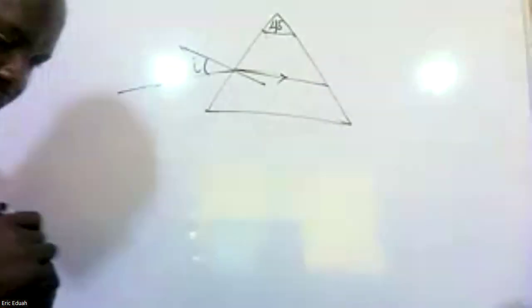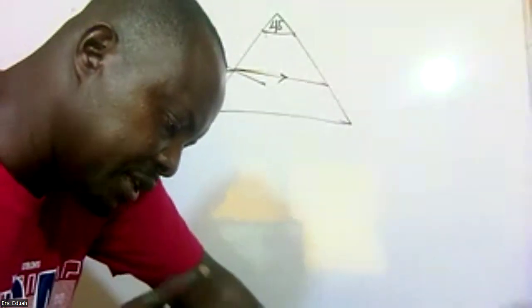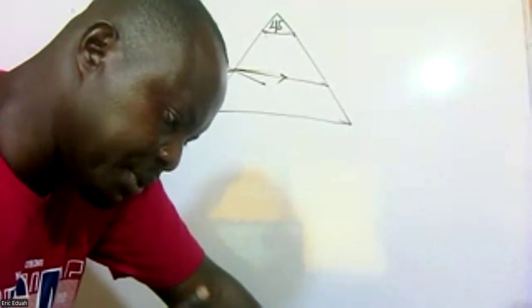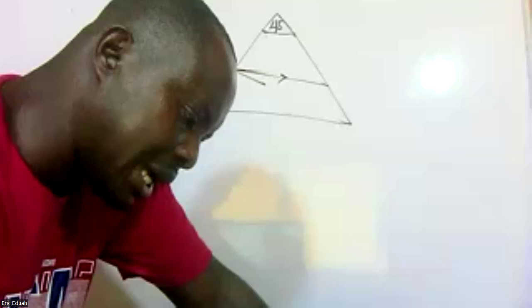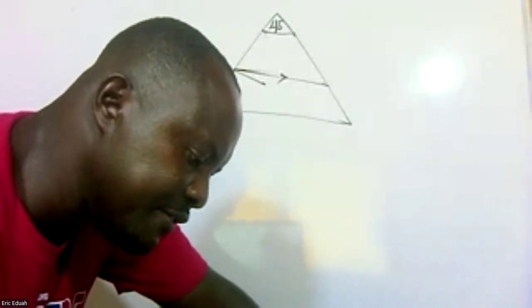Now the question is, what should be the minimum angle of incidence of this ray onto the prism so that total internal reflection occurs when the ray leaves the prism?